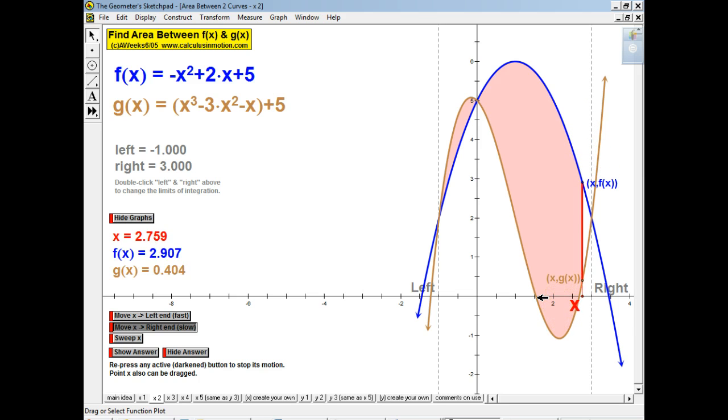But then it's the bottom function from 0 to 3. Okay, so how are we going to find that area?